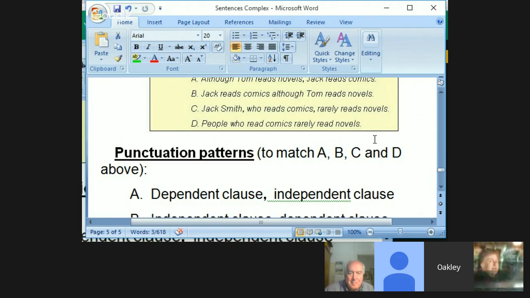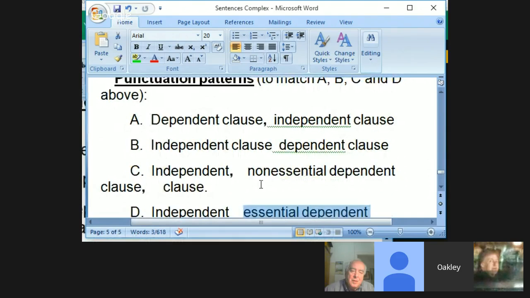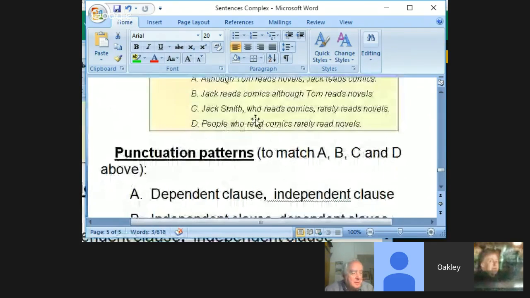Jack Smith rarely reads novels, one way or the other. Whether we have that non-essential clause or not, it really doesn't make any difference. That is tricky, and this is another one that's extremely tricky for me. I can't just look at it and tell you. I have to analyze it and think about it.